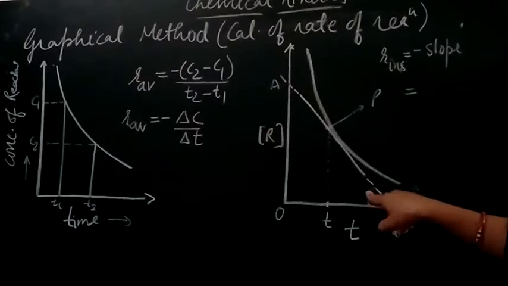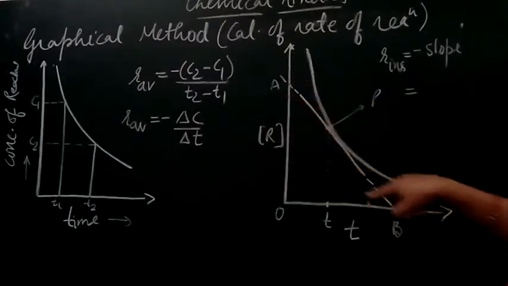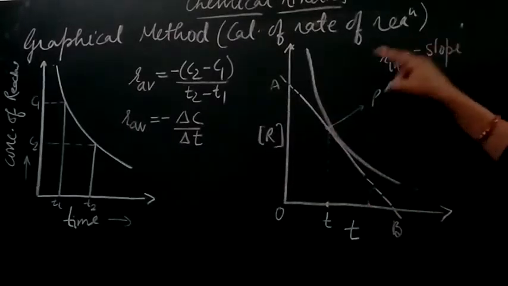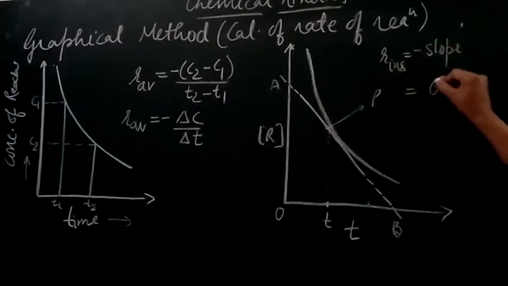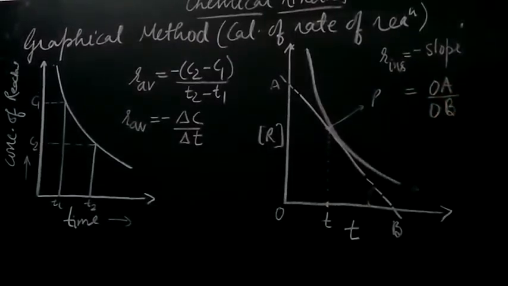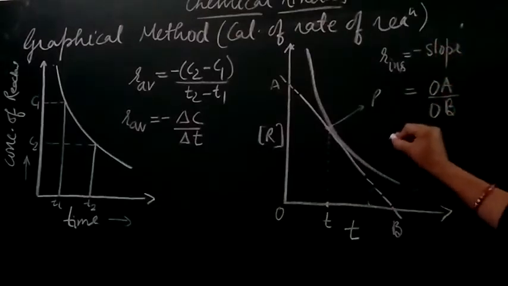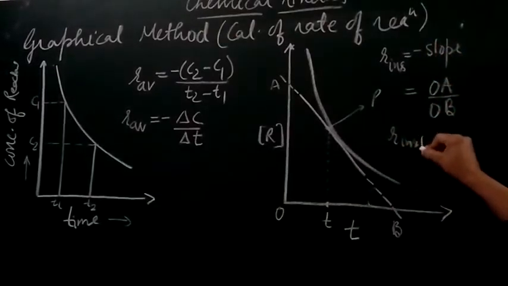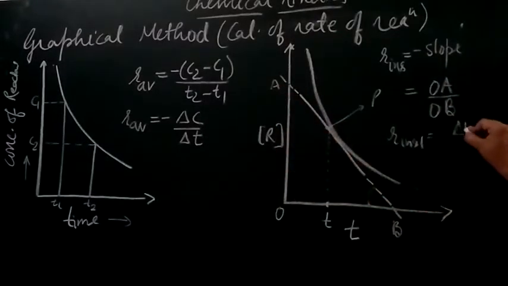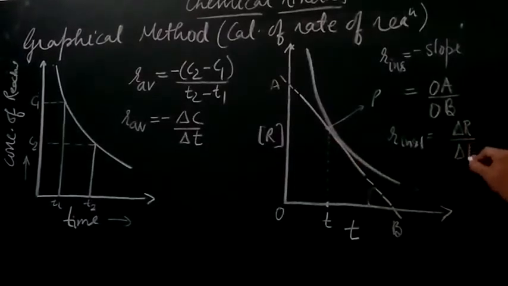So it is going to be OA upon OB. So we can write that the slope of this curve will be equal to OA upon OB. We can also write it this way: r instantaneous equals delta R upon delta T, since this is in terms of reactant.